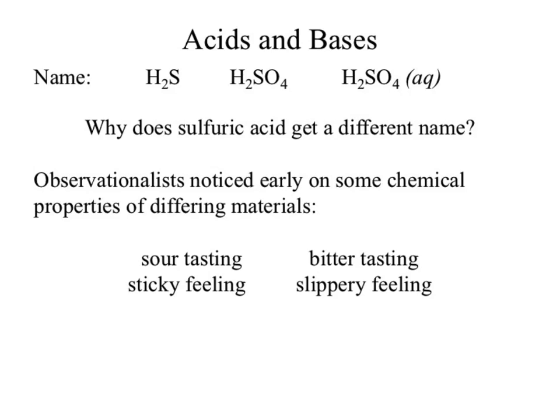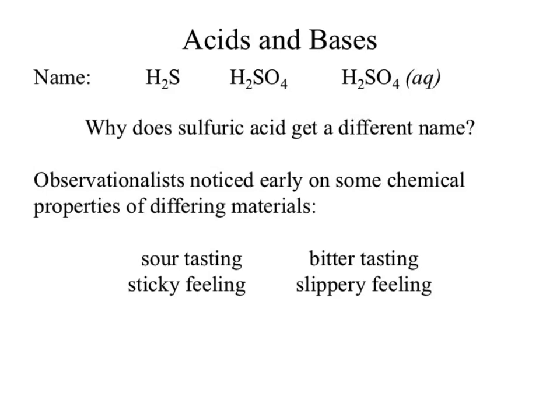And so sulfuric acid got the different name because people went through and made observations on certain substances and noticed these general characteristics. And yes, you might be like, sour tasting? You mean somebody tasted these things to figure out what they were? Yes. It was a valid scientific method. And we used that.